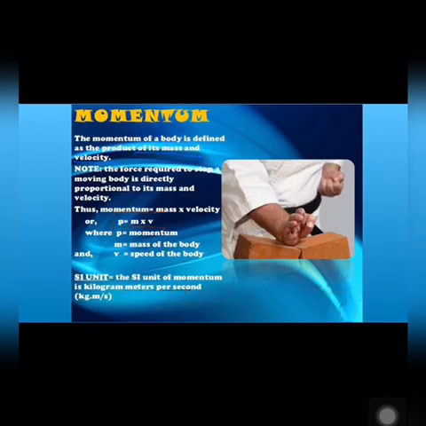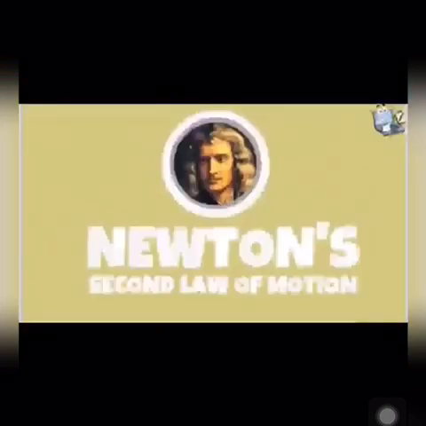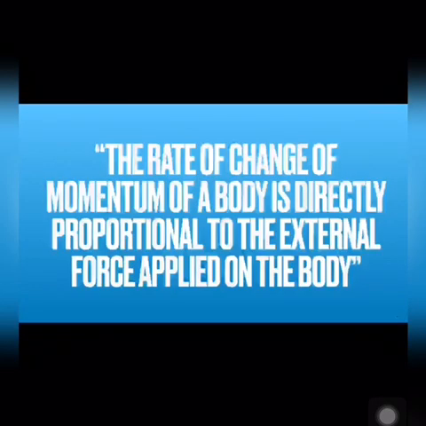So now, as we understood the term momentum, which is the product of mass and velocity, let's move on to Newton's second law of motion. According to Newton's second law of motion, the rate of change of momentum of a body is directly proportional to the external force applied on the body, which means the force required to stop a moving body is directly proportional to the change of momentum.